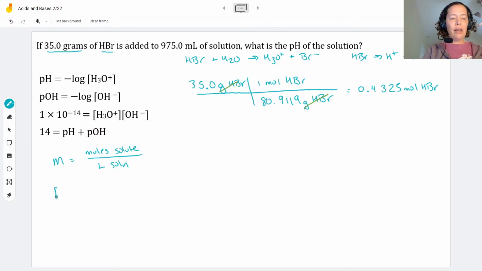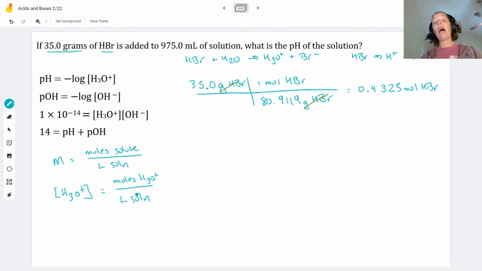So let's make this concentration of hydronium, let's go really specific. I need moles of hydronium over liters of solution. Okay, so this is what I specifically need. This is the concentration I specifically need and the moles I specifically need.